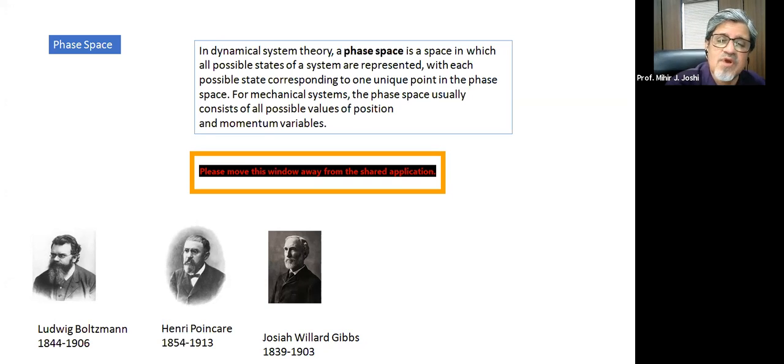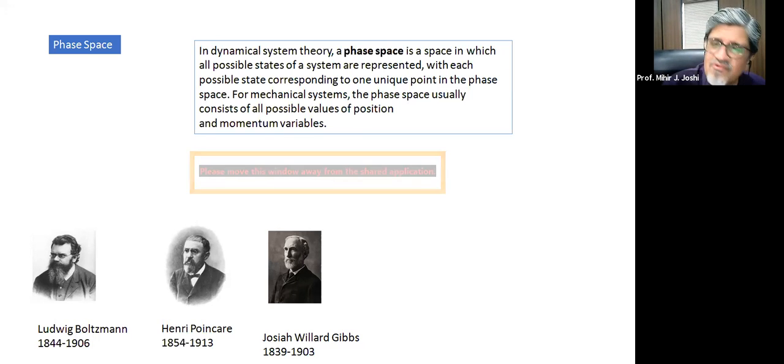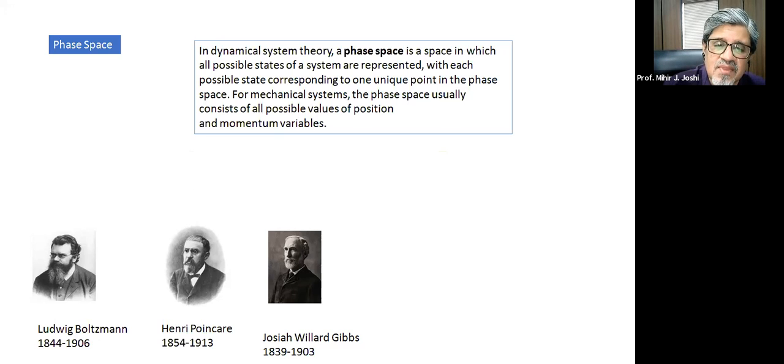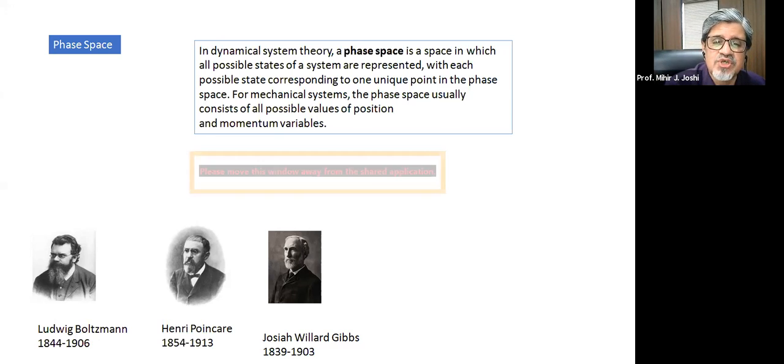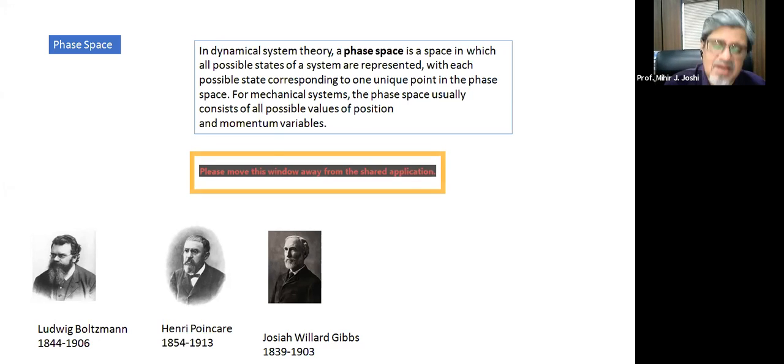So it is not pronounced as it is spelled, but slightly differently from normal English pronunciation. And the last one is Josiah Willard Gibbs, an American scientist, an American mathematician. He contributed to developing the phase space. So one is German, another is French, and the last one is American. So 3 great scientists contributed to developing the phase space.